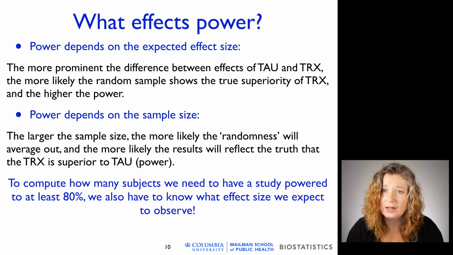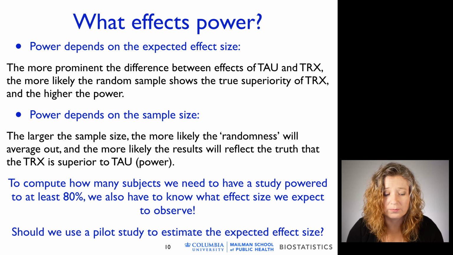So when we're planning a large R01 study, we always have to think about how many subjects we need. And we usually compute how many subjects we need to have a study powered at least 80%. But we also need to know what effect size we expect to observe. And that is the problem.